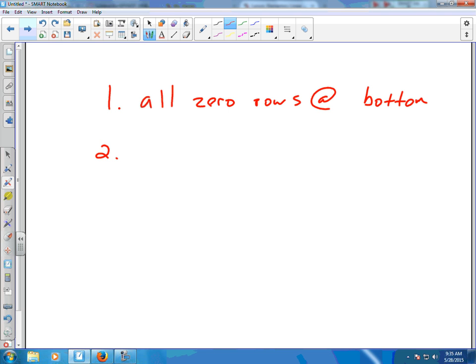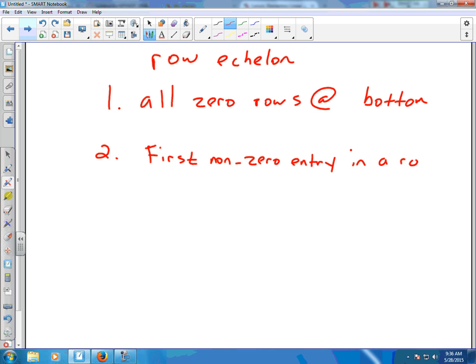So this is row echelon. For all non-zero rows, the first non-zero entry in a row is a 1.